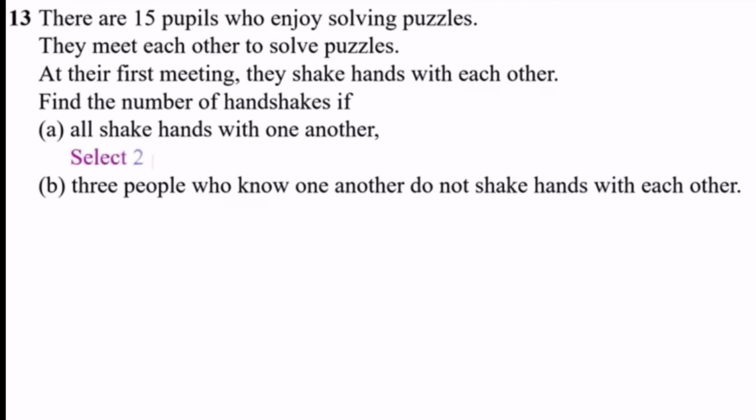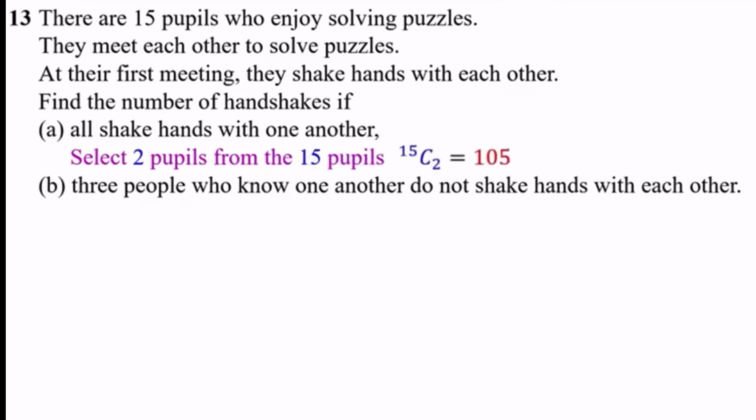Shaking hands just involves 2 people, right? So just select 2 pupils from the 15 pupils. So it's 15 choose 2. So the answer is 15C2, so the number of ways is 105 ways.